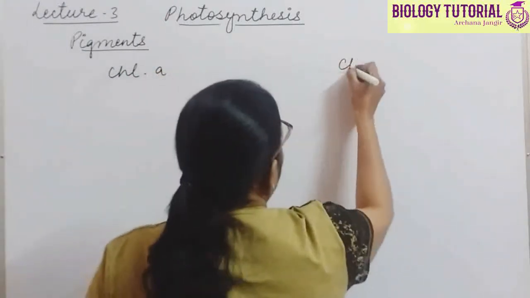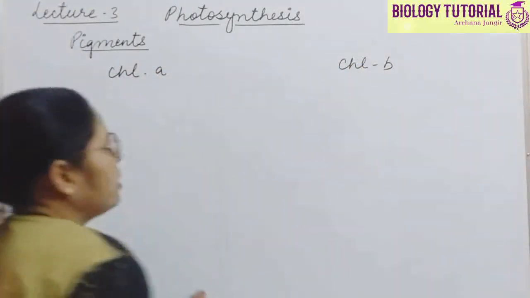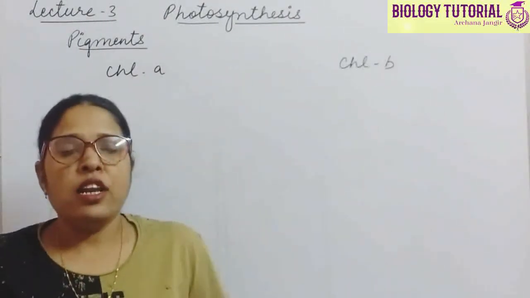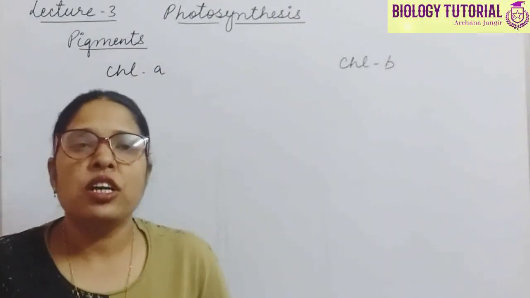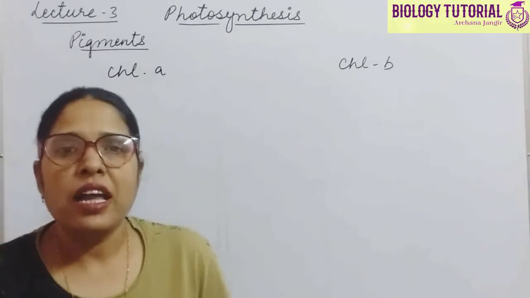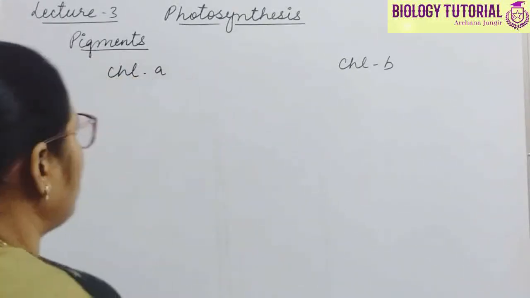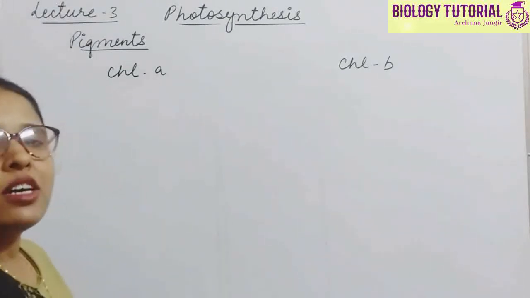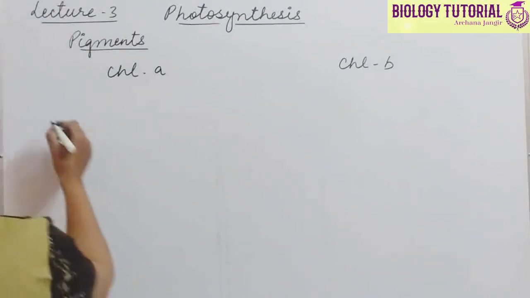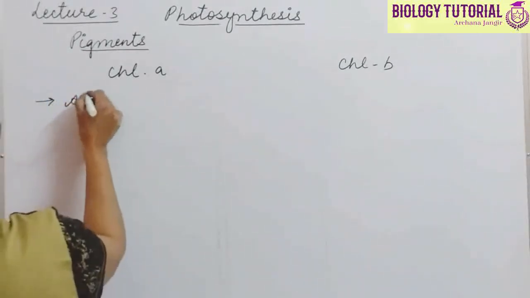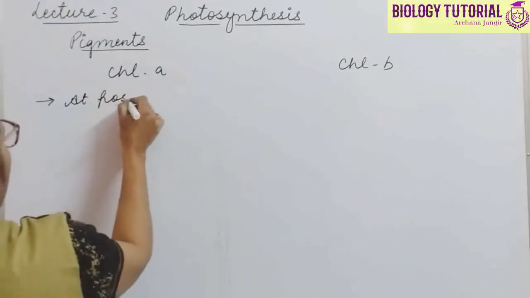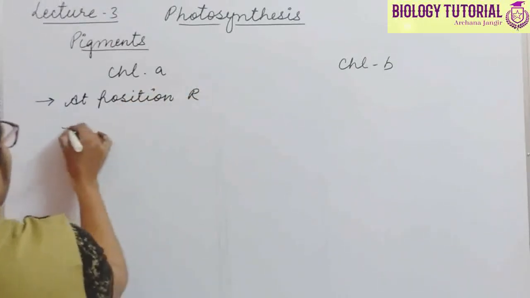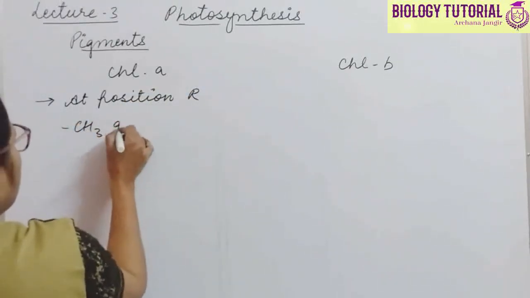and chlorophyll B. First important difference is, in chlorophyll A at position R, a methyl group is present as a functional group. What is position R? We will discuss this in the structure of chlorophyll. So in chlorophyll A at position R, methyl group is present.